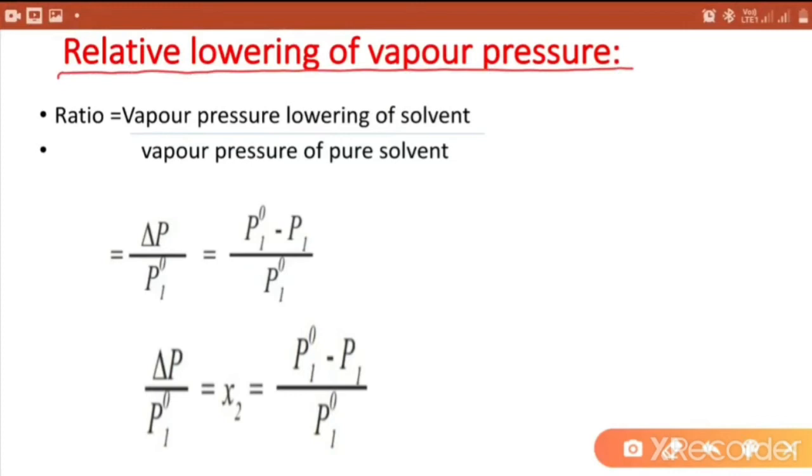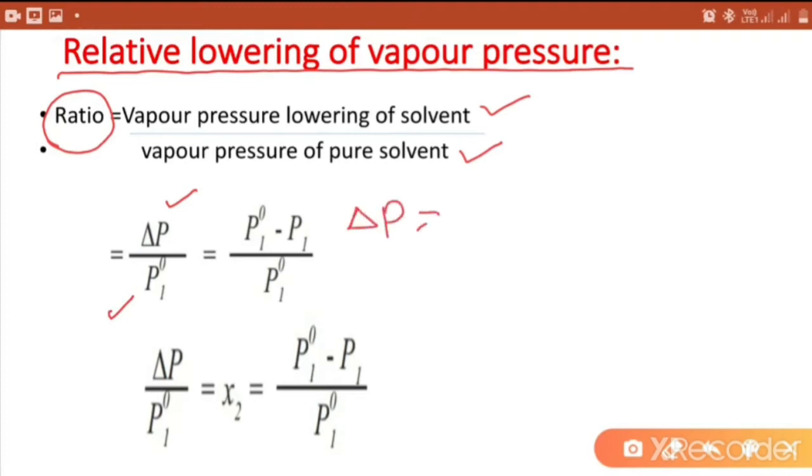Relative lowering of vapor pressure. Relative lowering of vapor pressure is the ratio of vapor pressure lowering of solvent and vapor pressure of pure solvent. This ΔP is the vapor pressure lowering of solvent, and P1⁰ is the vapor pressure of pure solvent.